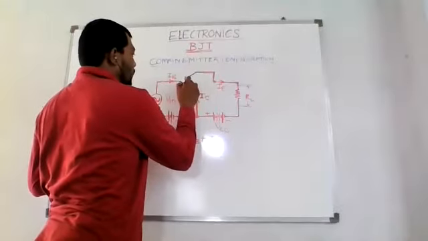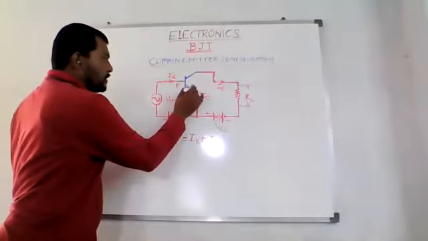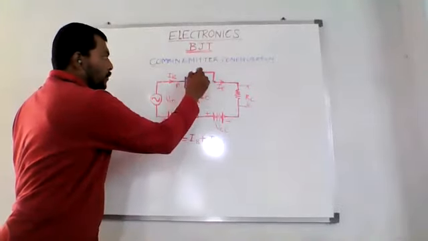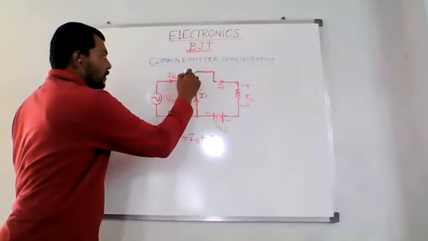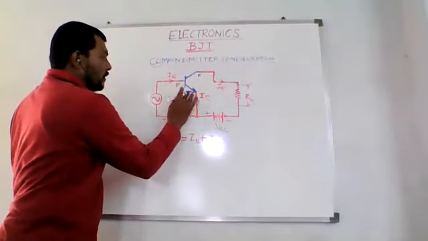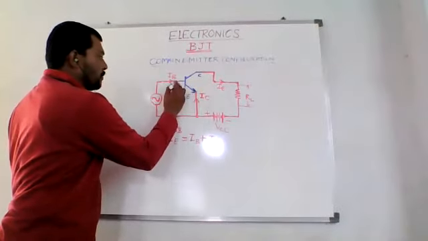As you are able to see, the input is being applied to the base and emitter, and the output is taken across the collector and emitter. So this is the collector, this is the emitter, and this is the base.